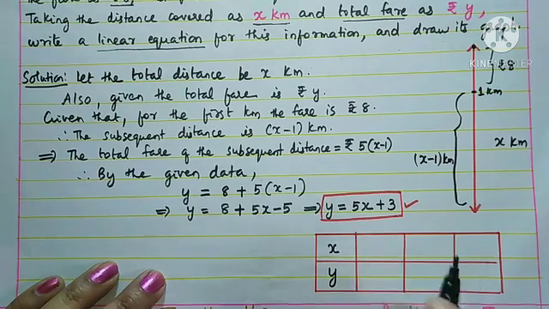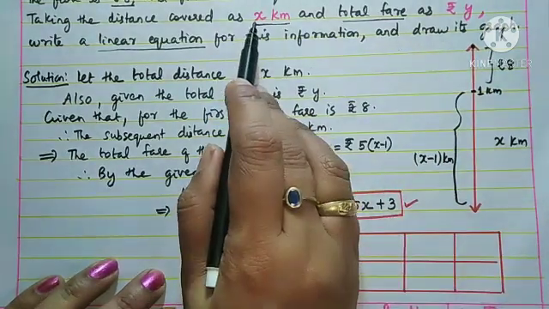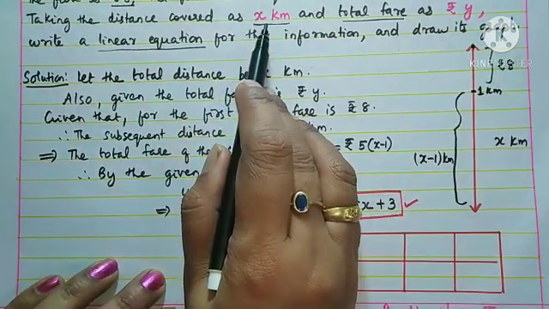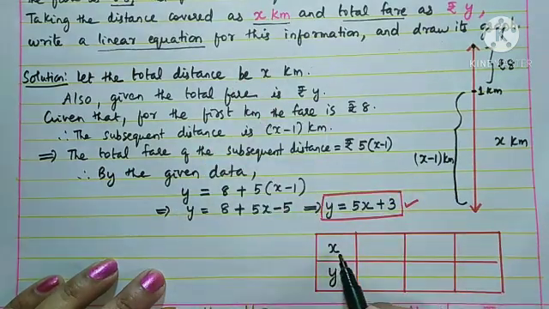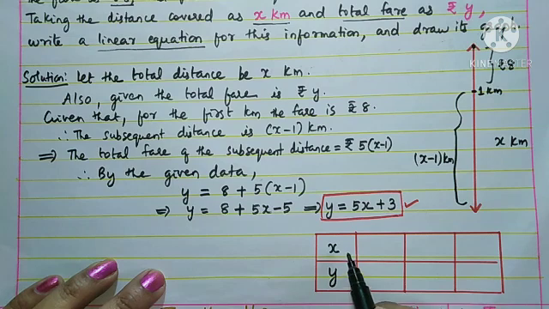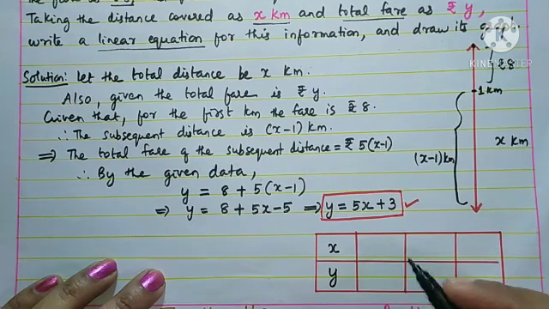In this question, you have to notice that x kilometer is distance. So this x denotes the distance here, so you need not take any negative value. We will not say distance in negative value, so negative values are not needed in this problem. We can use just positive numbers.